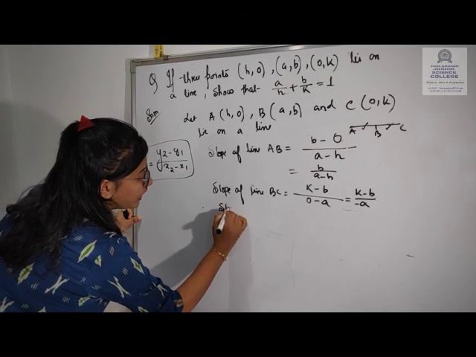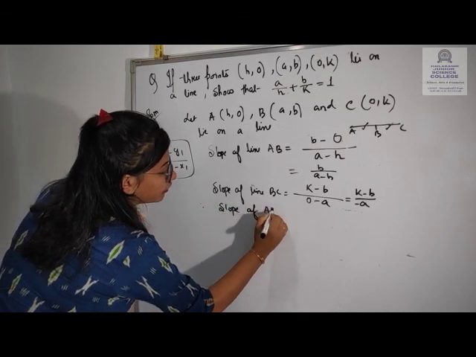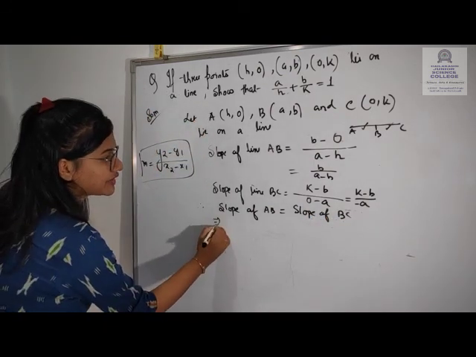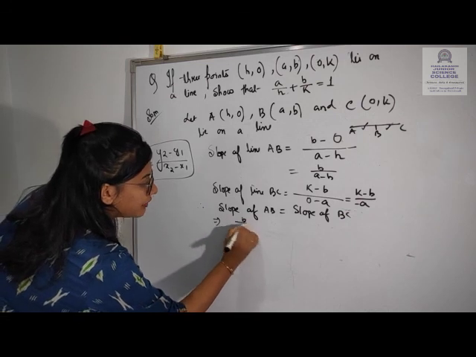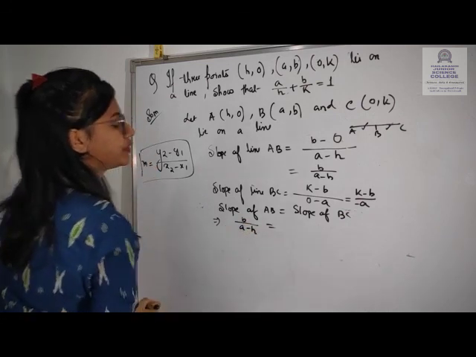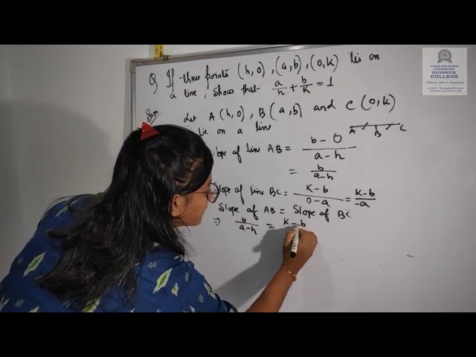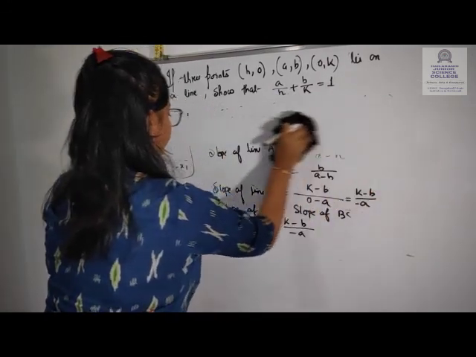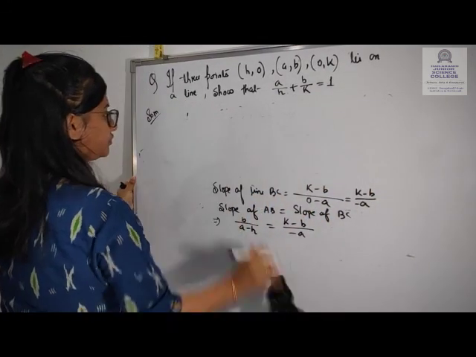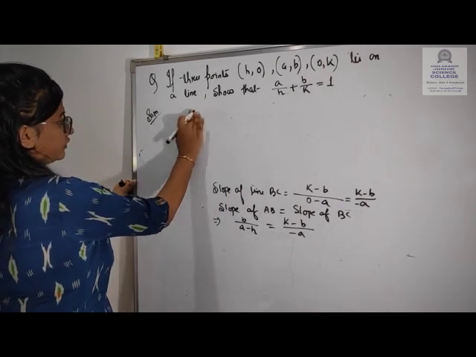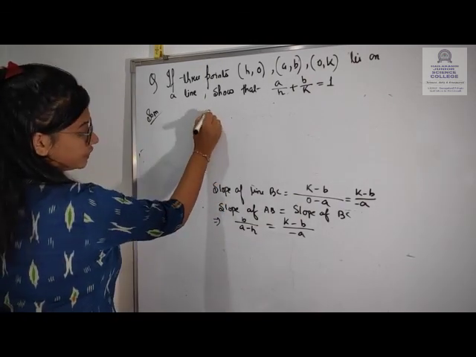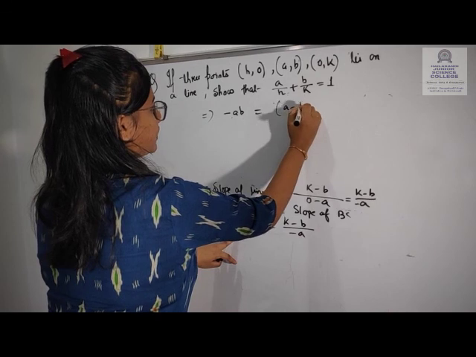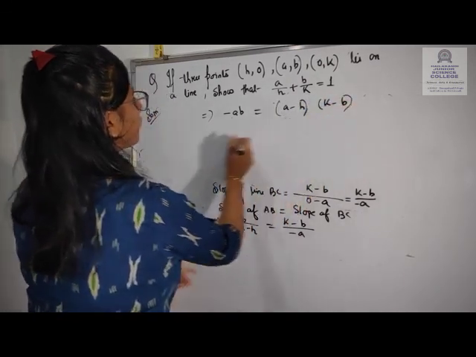Therefore, slope of AB is equal to slope of BC. What is the slope for AB? The slope for AB is b by a minus h. And what is the slope for BC? The slope for BC is k minus b divided by minus a. Now if I cross multiply these two, minus ab is equal to (a minus h) into (k minus b).